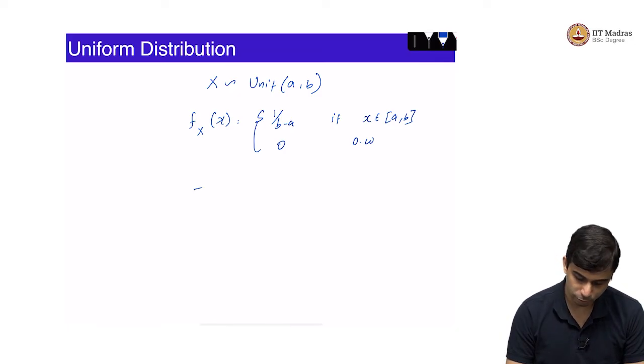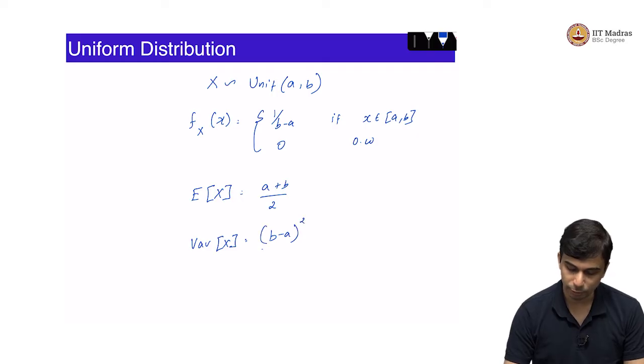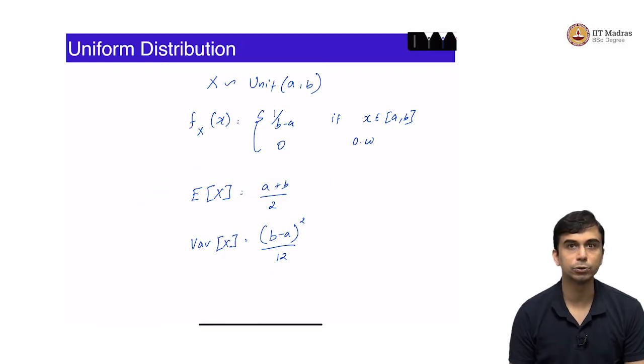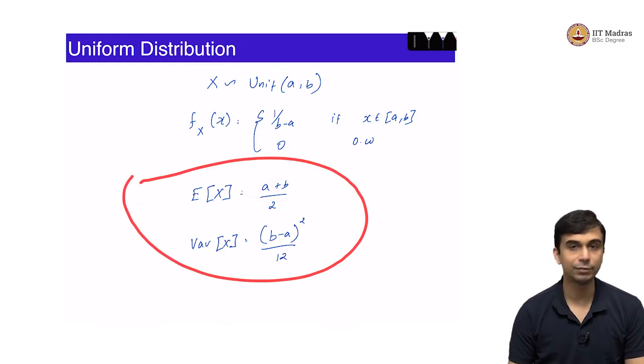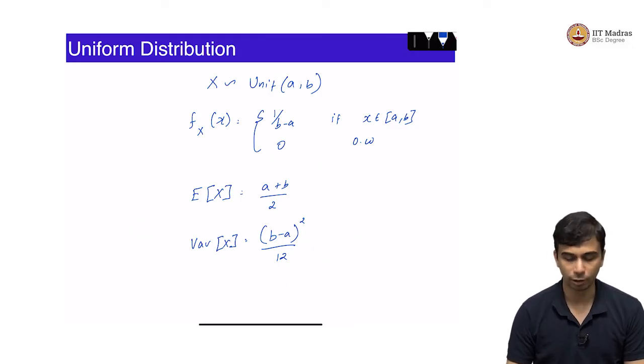The expected value of this random variable is simply (a plus b) by 2, and the variance of this random variable is equal to (b minus a) the whole squared by 12. We derived both these things when we introduced expectation and variance, but it is very easy to derive these from first principles again if you want. So that is all we have for the uniform distribution.